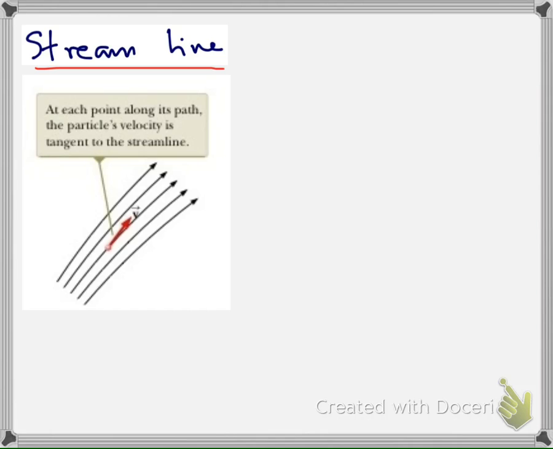Okay, and if you group the streamlines like this as a bunch of streamlines, we call this bunch of streamlines a tube of flow.